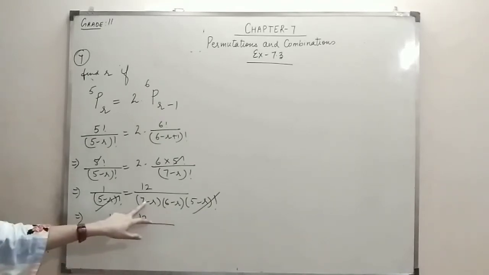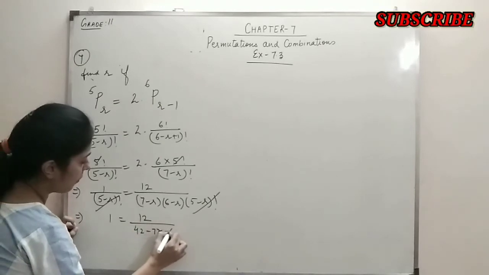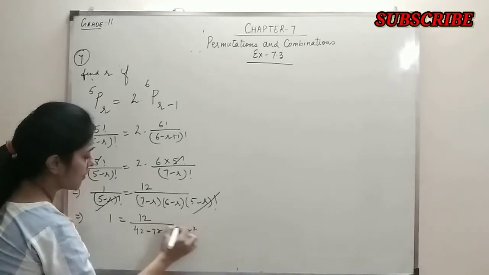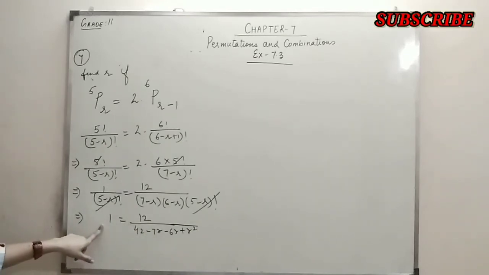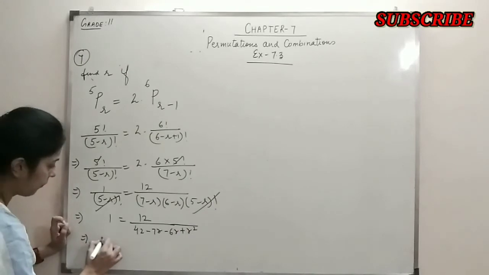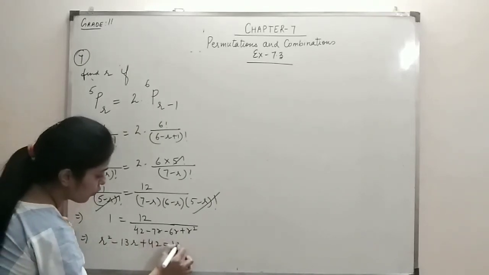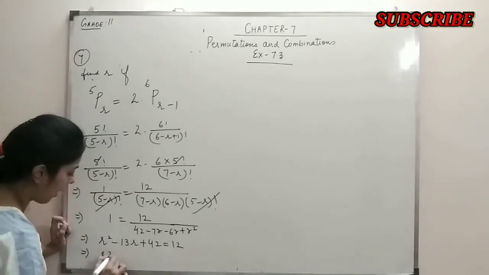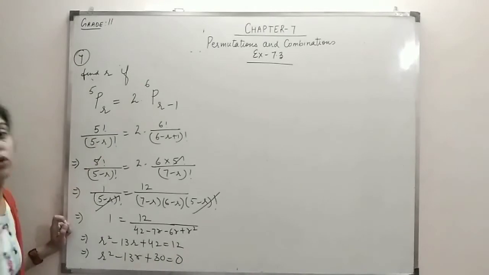So you solve it: 42 minus 7r minus 6r plus r square. Now you cross multiply it. You will have r square minus 13r plus 42 equals 12. This implies r square minus 13r plus 30 equals 0.